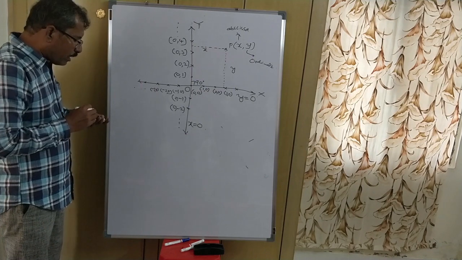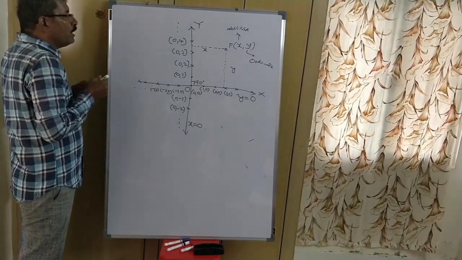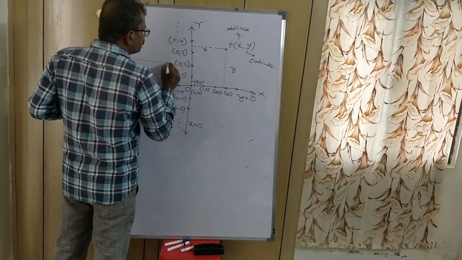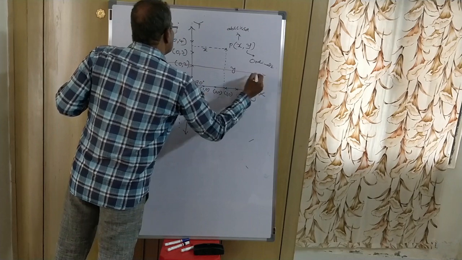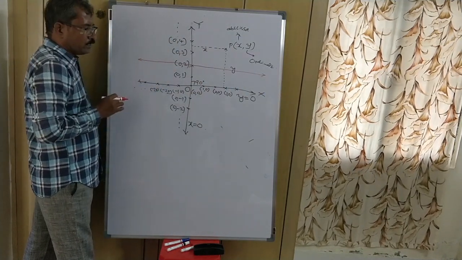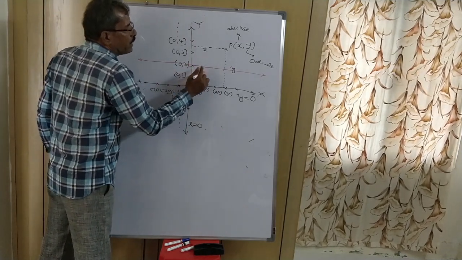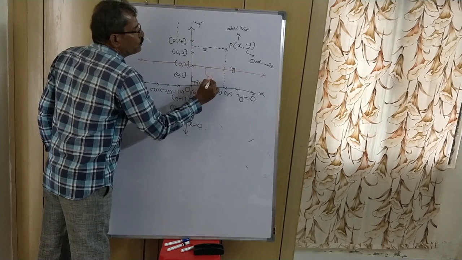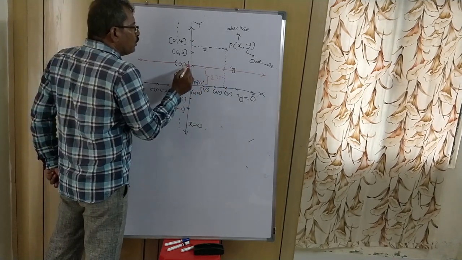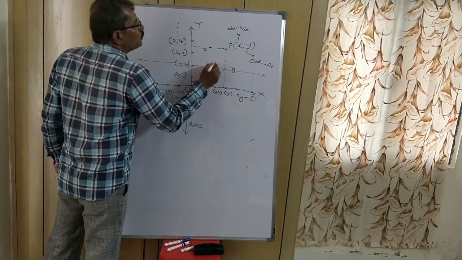And also, you see the line parallel to the x-axis. This is the line parallel to the x-axis, and it is at a distance of 2 units from the x-axis here. And you know that at every stage the ordinate is 2 only.